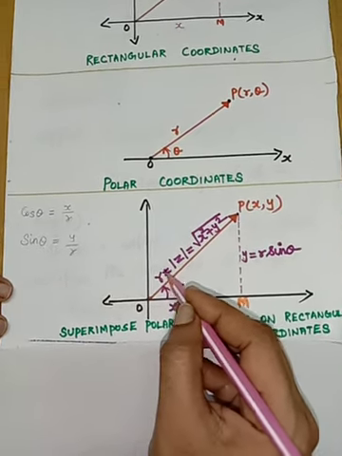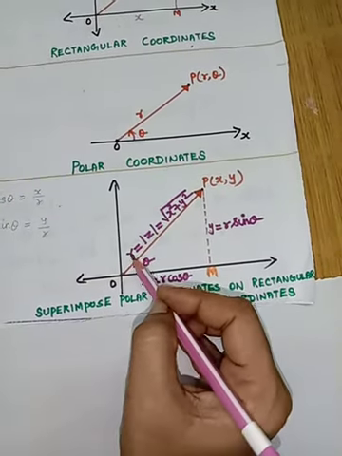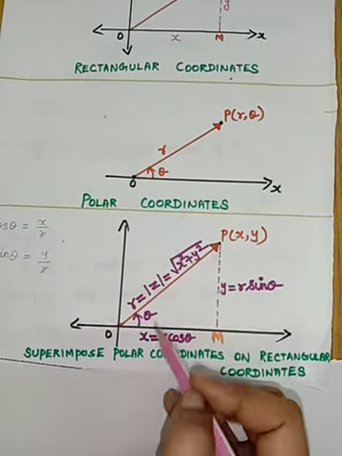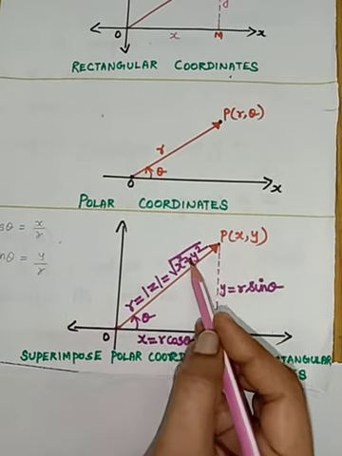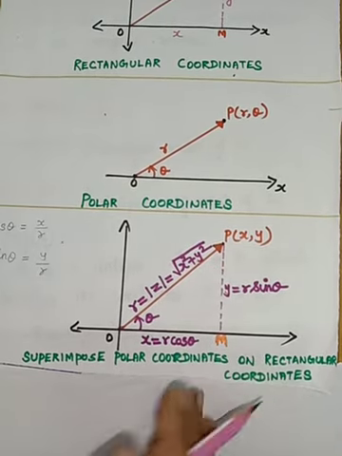What is r? It is a right angle triangle, so r is the hypotenuse. So r is equal to the square root of x squared plus y squared. This is nothing but the modulus of the complex number.